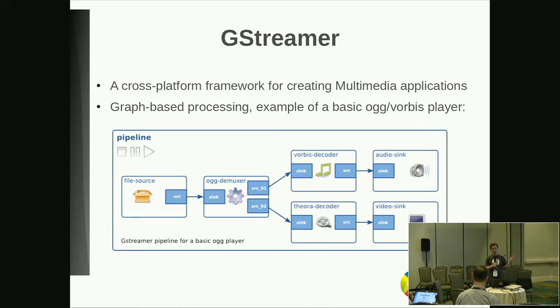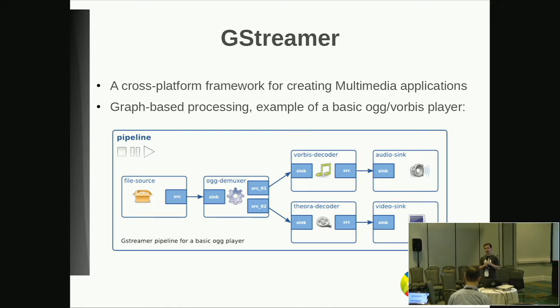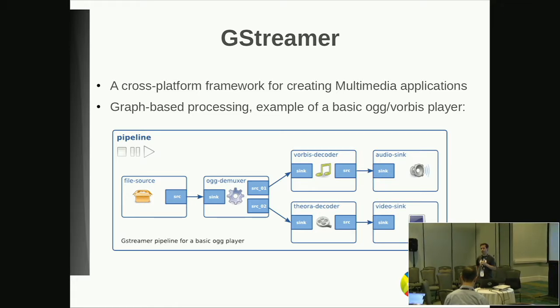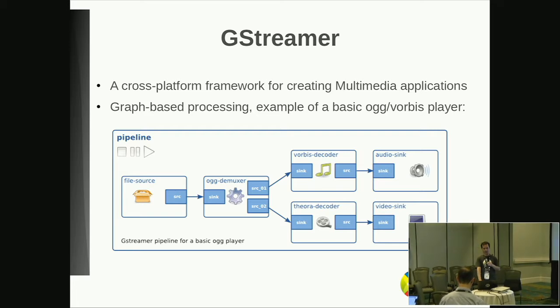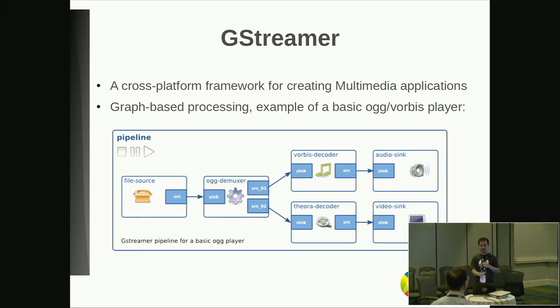You have the data source at the left, and at the right you have the rendering in audio and video sinks. In between you have the decoders, demuxers, and so on. So the data flow goes from the source to the sinks. And then you can build really complicated applications with GStreamer, with thousands and thousands of elements, and it's quite powerful.